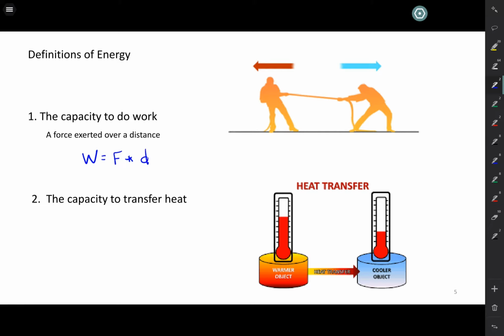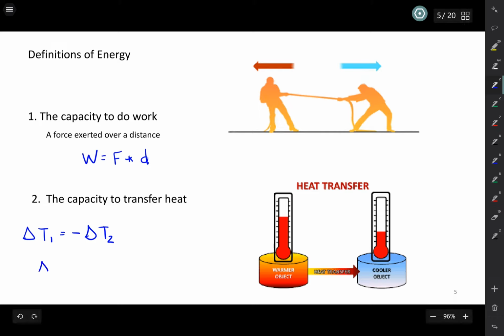And then the second definition is the capacity to transfer heat. So this is where we have heat that can be released from one object into another. We can model this by saying delta T, where delta means a change and T is the temperature, is equal to negative delta T2. But that's actually really simplified, because temperatures are related to heats, but heat and temperature are actually very different things.